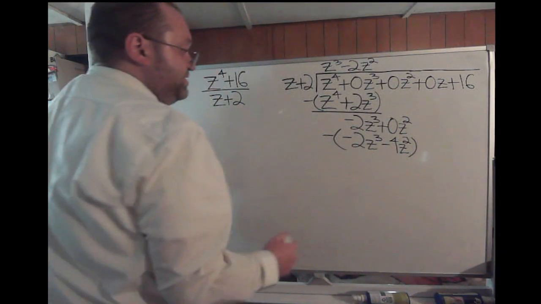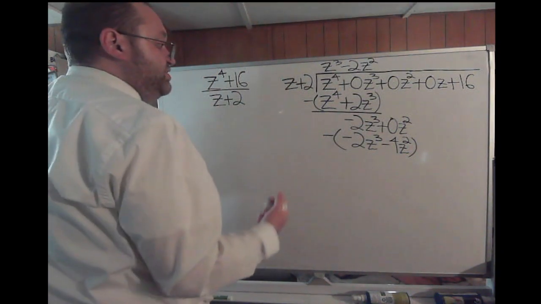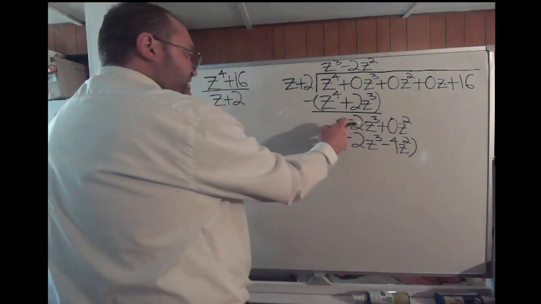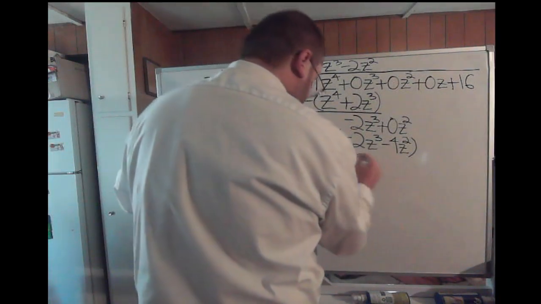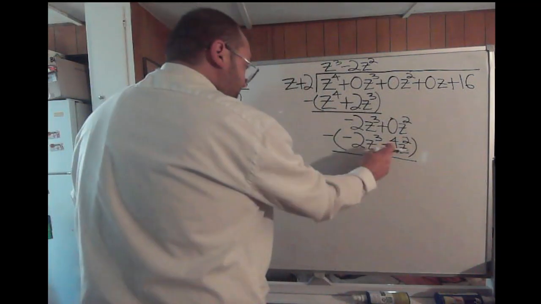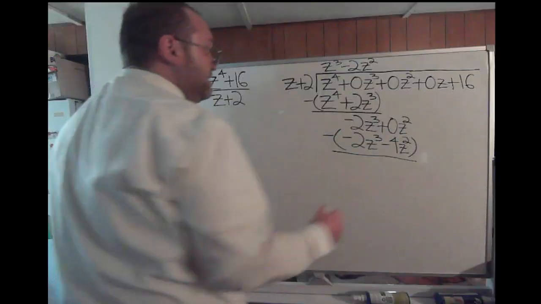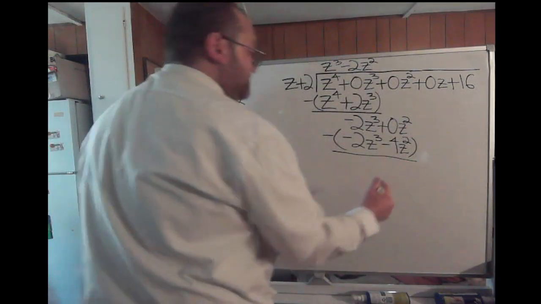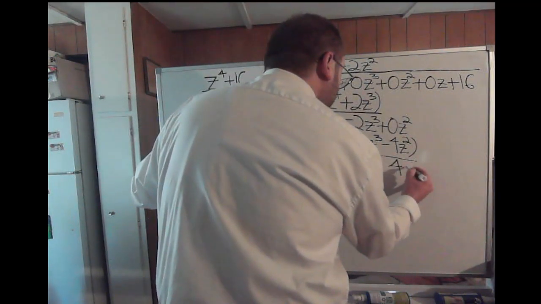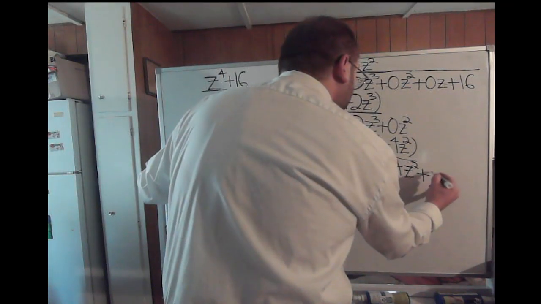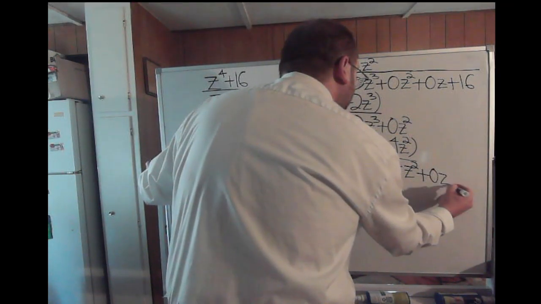Negative 2z to the third is actually positive 2z to the third. Positive 2z to the third plus negative 2z to the third, that's 0. Negative 4z squared, well, that's actually plus 4z squared. So 0z squared plus 4z squared, well, that's going to give you 4z squared. Then you'll bring down your plus 0z from the dividend.